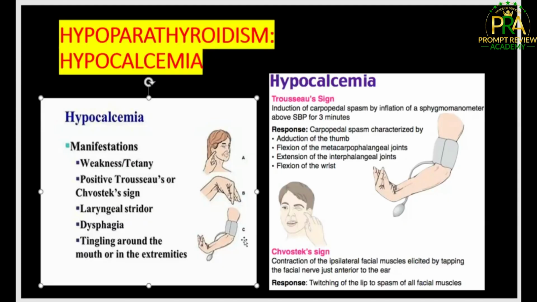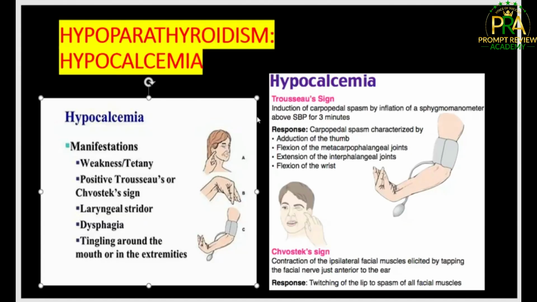So these are all the signs and symptoms of low calcium. They are going to have tetany, they are going to have Trousseau sign, which is very high yield in the exam. Tetany is very high yield in the exam. Chvostek sign is very high yield in the exam. Trousseau sign is very high yield in the exam. And these are the signs of hypoparathyroidism.